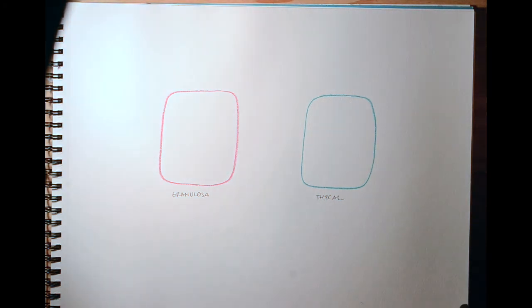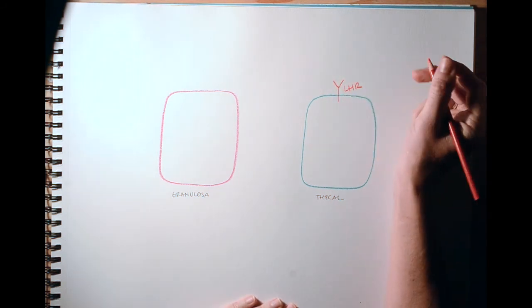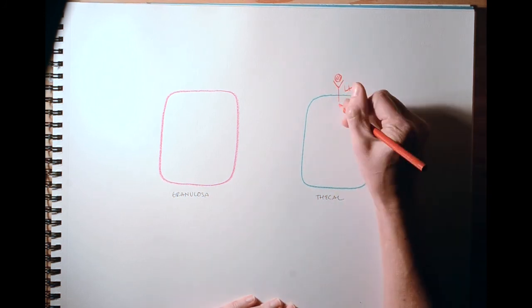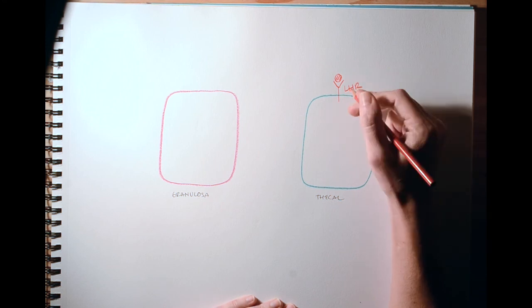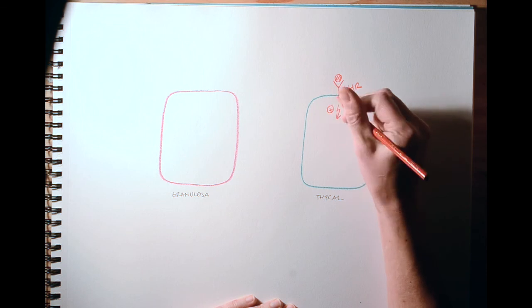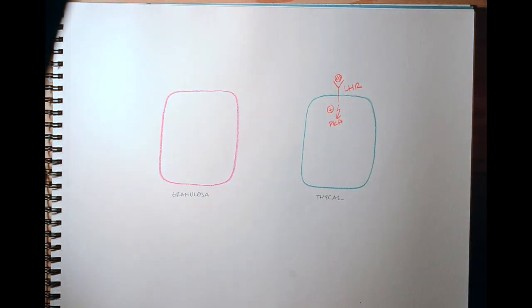So we'll actually see the thecal cell expresses the LH receptor, so it will be responsive to LH, which means that when we get binding of the LH receptor by LH, we're going to, of course, increase PKA. The LH receptor, as we discussed in the male, is a Gs-coupled protein receptor, so we get activation of cyclic AMP and an increase in PKA.